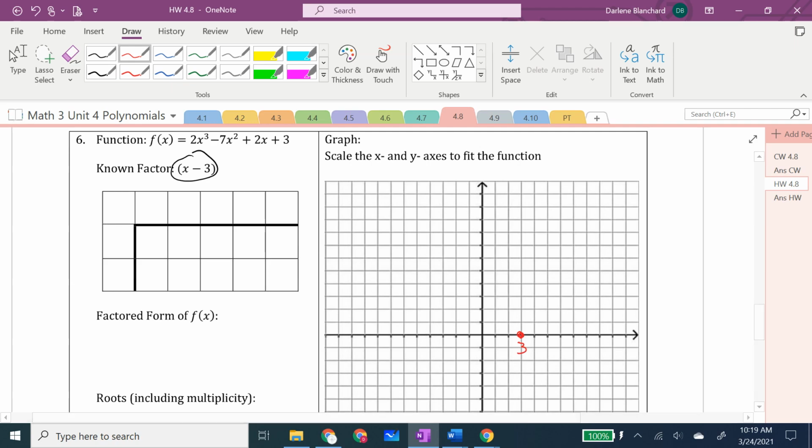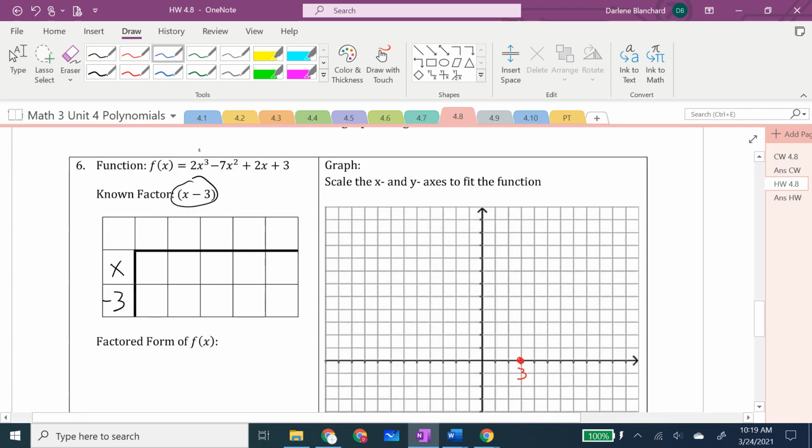Now, I don't know necessarily whether that's going to be a multiple root yet or not, because I need to go through the division.